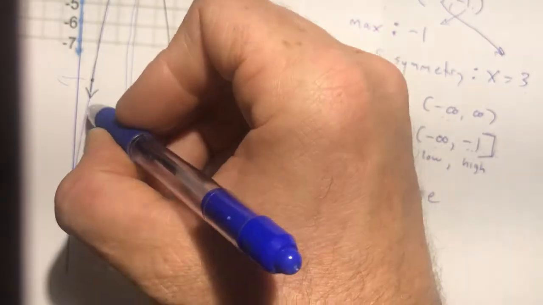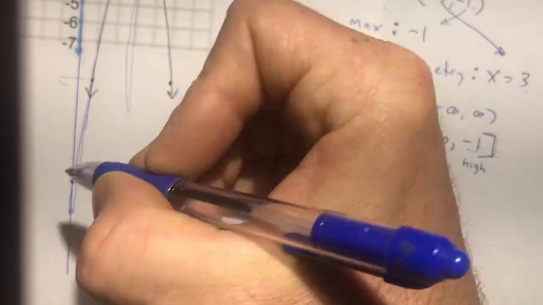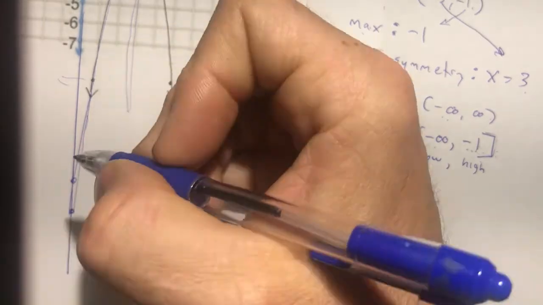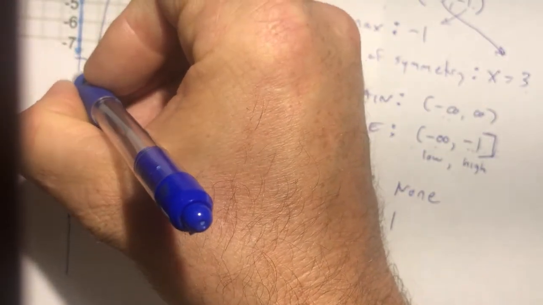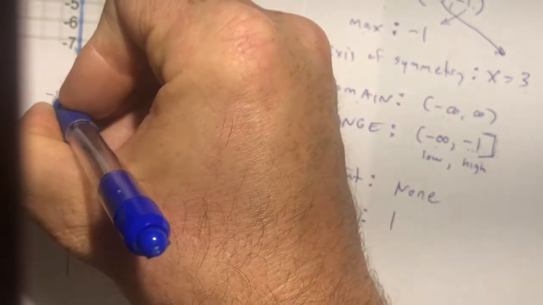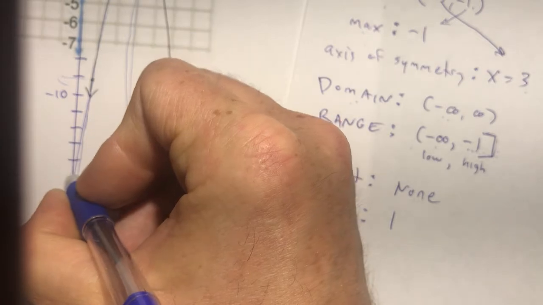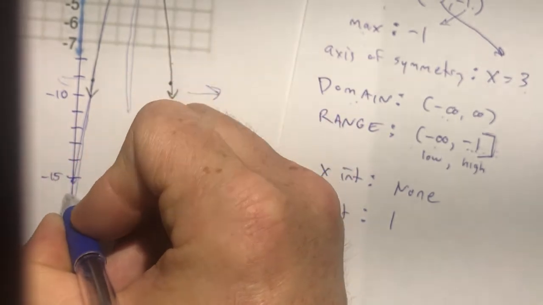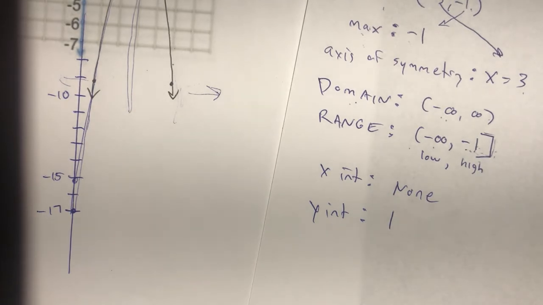Now, I might be wrong. I might have curved it too much. It might be more down here. This might be more right. This is -7, -8, -9, -10, 11, 12, 13, 14, 15, 16. I'd say it's around -17 is what I would say. Somewhere around -17.